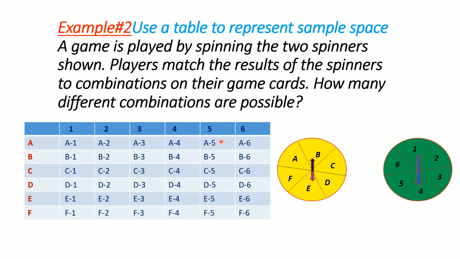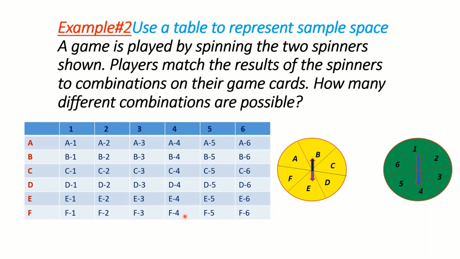In general, how many sample space do you have? You just consider this part. Count all. Or this is 6 times 6 because 1, 2, 3, 4, 5, 6, and again 1, 2, 3, 4, 5, 6. It is 6 times 6, or you can count all events.